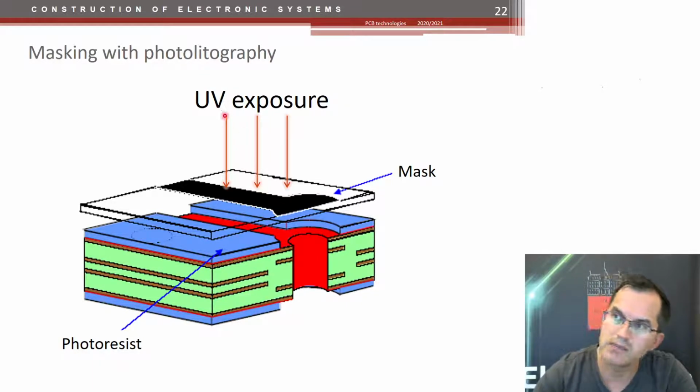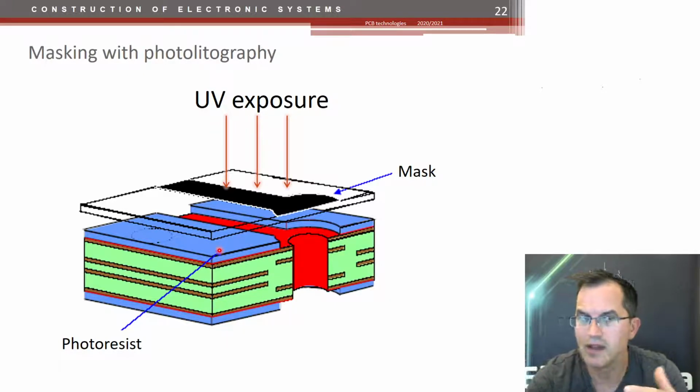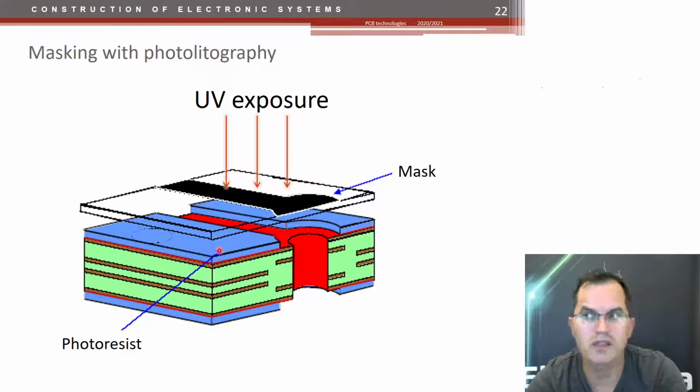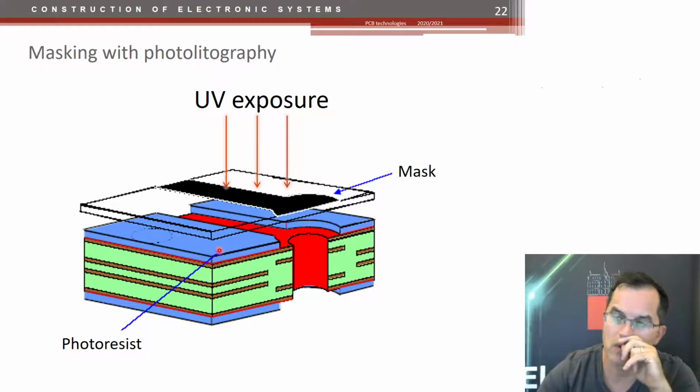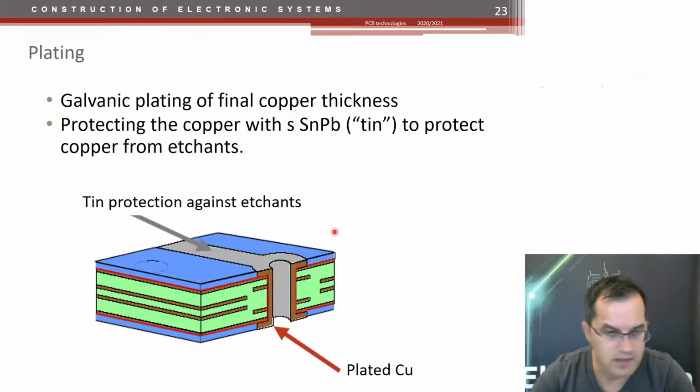That means that the parts that are exposed are actually bonded and stay, and the parts which are not exposed are removed. So it's the opposite of what we heard at the beginning. By that, the openings are left for the tracks. And the next step is galvanic plating of the copper, and then protecting this copper with tin.